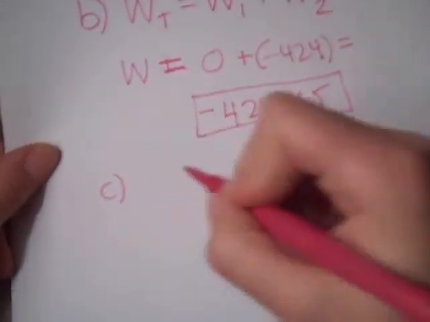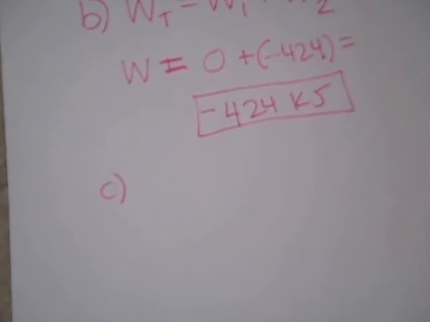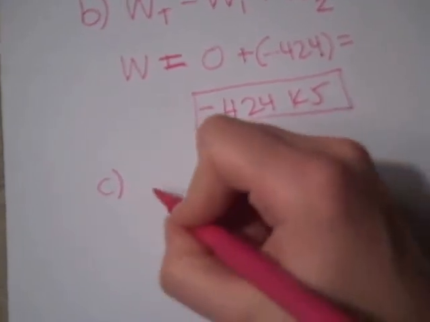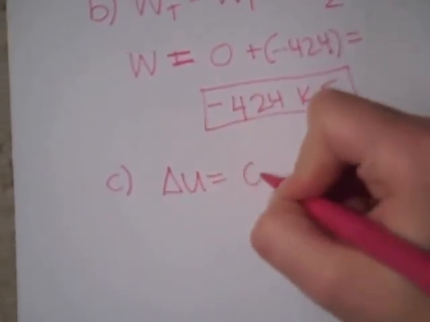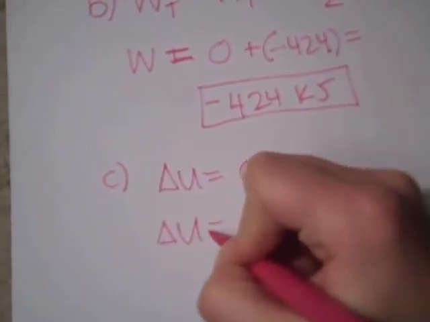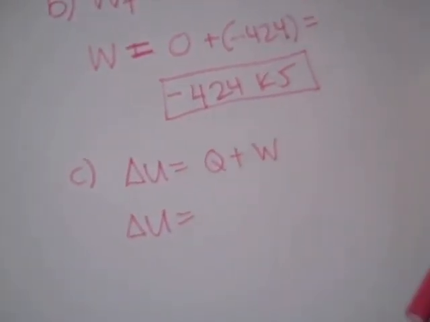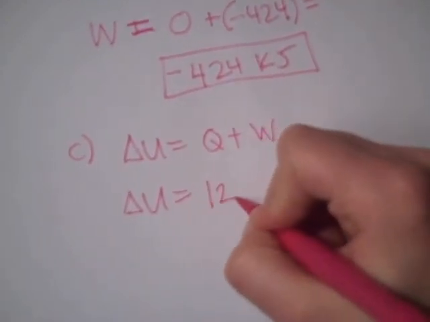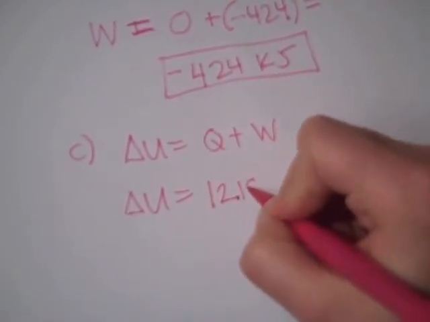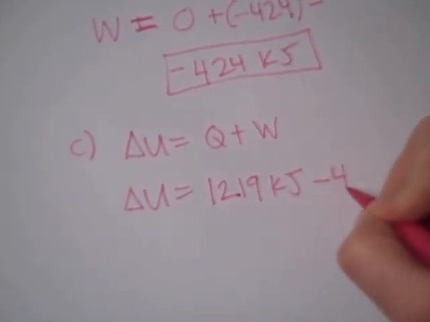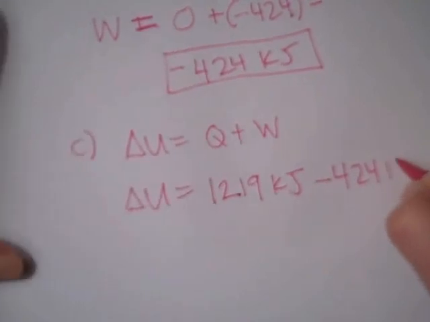And last one, part C, is asking what is the change in internal energy of the gas along process 1 and 2. And we know delta U is Q plus W. And so our change in internal energy is going to be our total Q, which is 1,219 kilojoules, plus our work, which is negative 424 kilojoules.